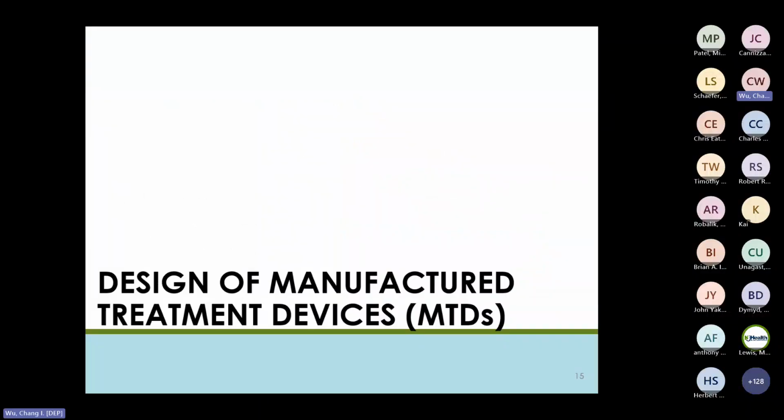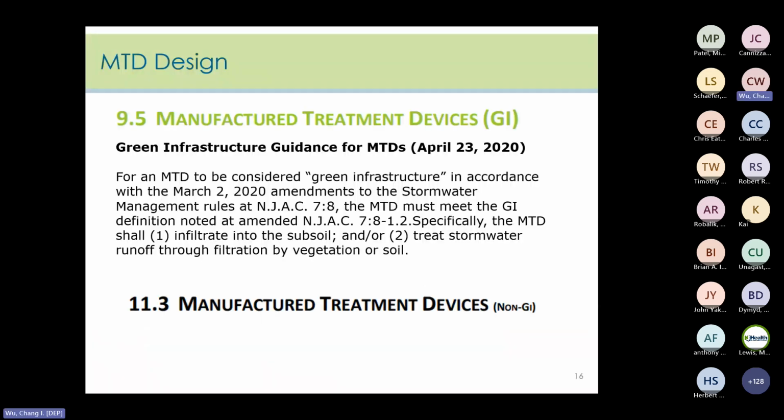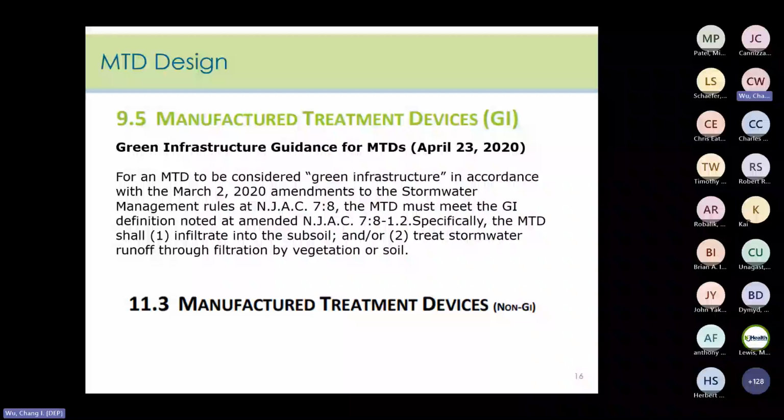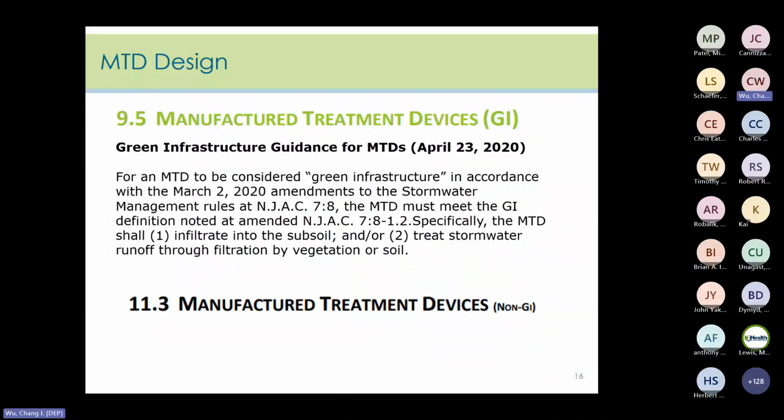So next topic, I'm going to address how to design an MTD. For the GI MTD, after the GI rule has been adopted, for an MTD to be considered a GI MTD, it should infiltrate runoff into subsoil and/or treat the stormwater runoff through filtration by vegetation or soil.